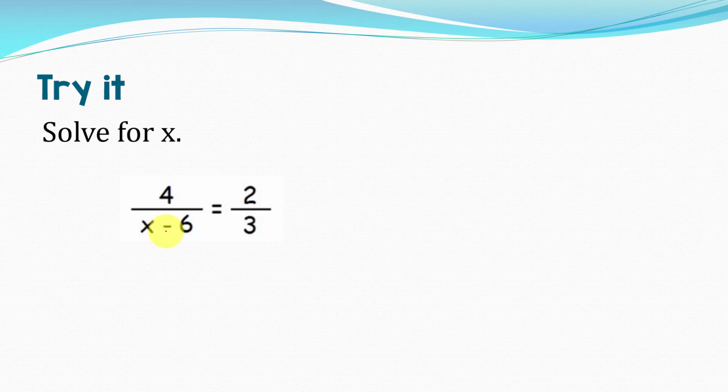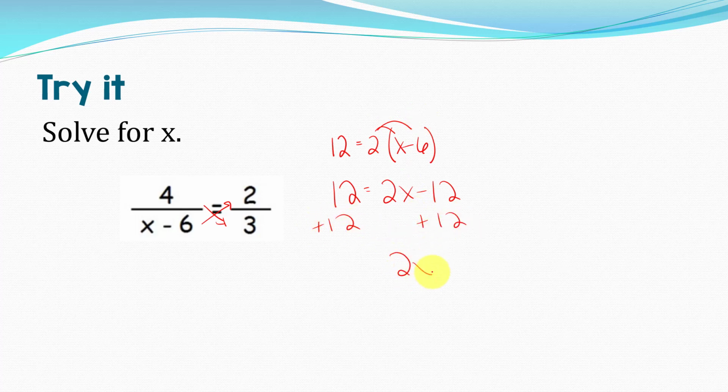And now we threw a little expression in there, but that's okay. We're going to say 4 times 3 is 12, and 2 times x minus 6. All right, these should be equal if it will be a proportion. So I'm going to distribute that 2 to the x and 2 to the minus 6. Add 12 to both sides, and 2x equals 24.